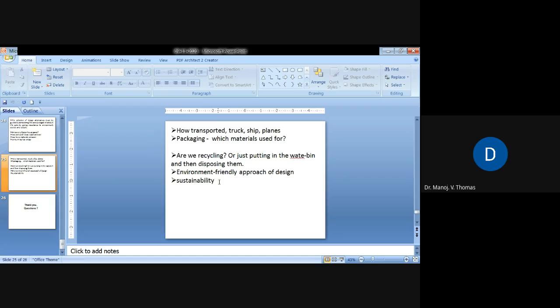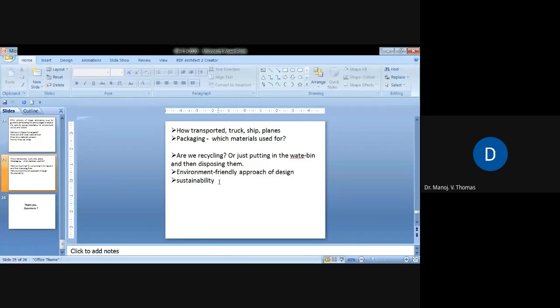As a responsible citizen or responsible human being, we should preserve the resources for future generations to use also. So when we design a particular product, when we run a manufacturing plant, when we run a company, all the methods and design approaches that we follow should be environment friendly, should be sustaining the resources, should be keeping nature and its resources in a safe position.